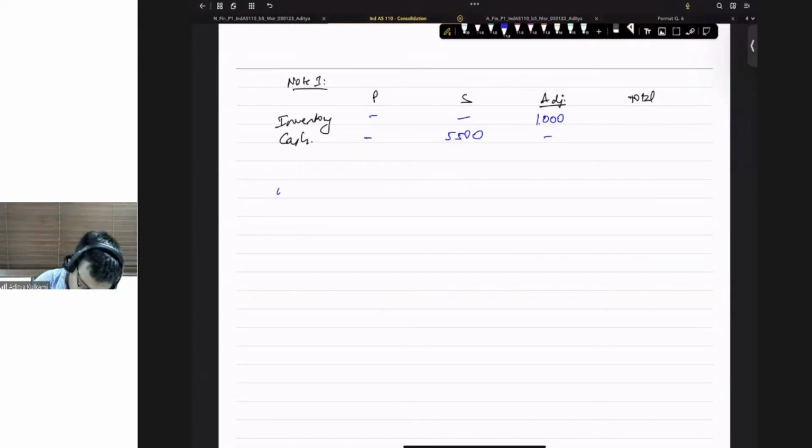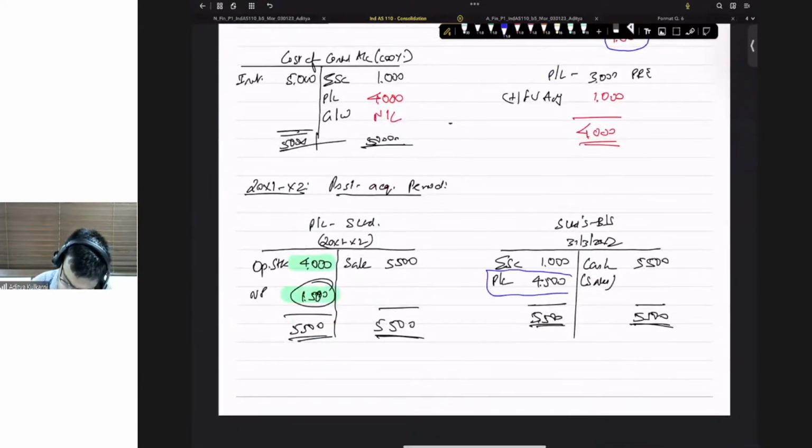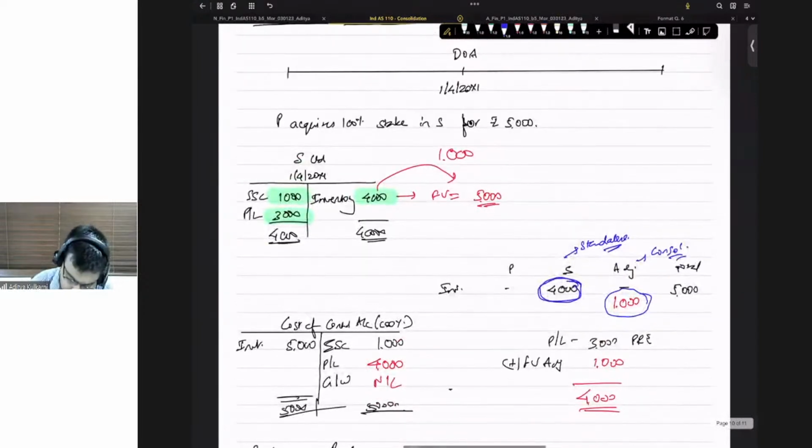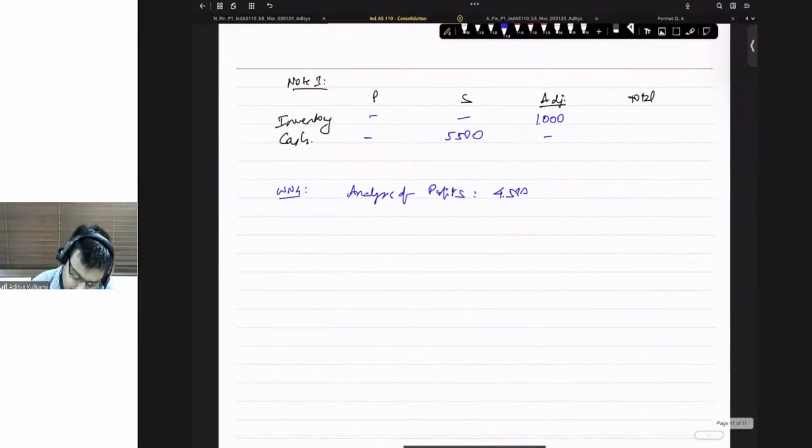We move on to working note 4, that is analysis of profits. Profits are 4,500, out of which 3,000 is pre-acquisition, 1,500 is post-acquisition.